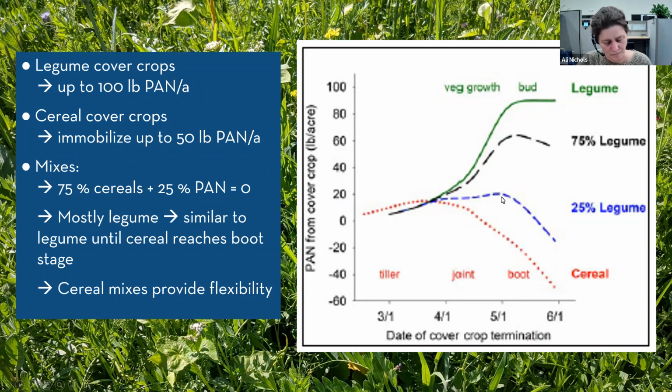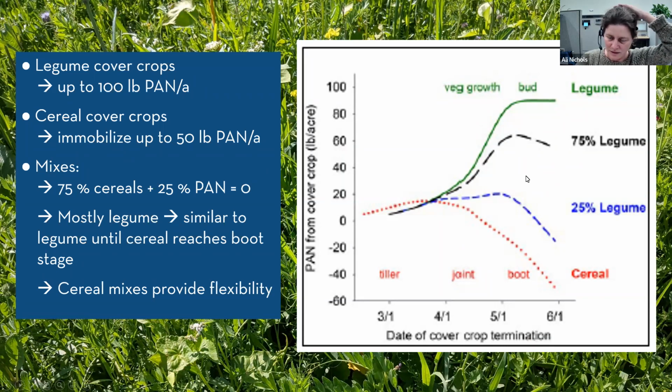And that again would be at the boot stage for the cereal. So I hope what you can take away from this is that seeding legume cereal mixes rather than a solo cereal crop will allow you a little more flexibility in terms of the timing of terminating that cover crop. So that's one good, neat advantage of doing a mix.